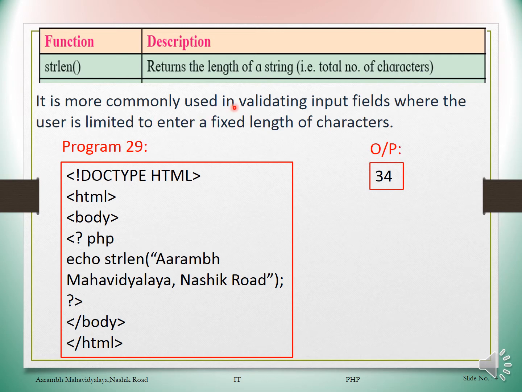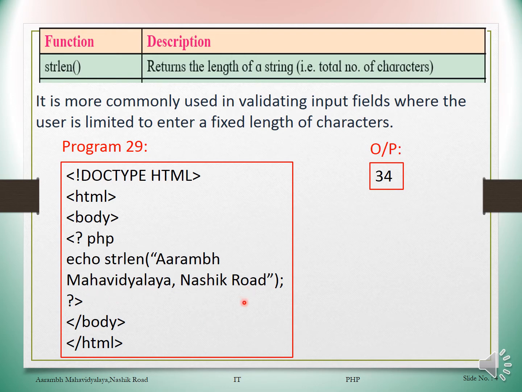It is more commonly used in validating input fields where the user is limited to entering a fixed length of characters. Last year when we designed forms, we provided restricted characters for the password as well as the username. That count is done by using this string length function.